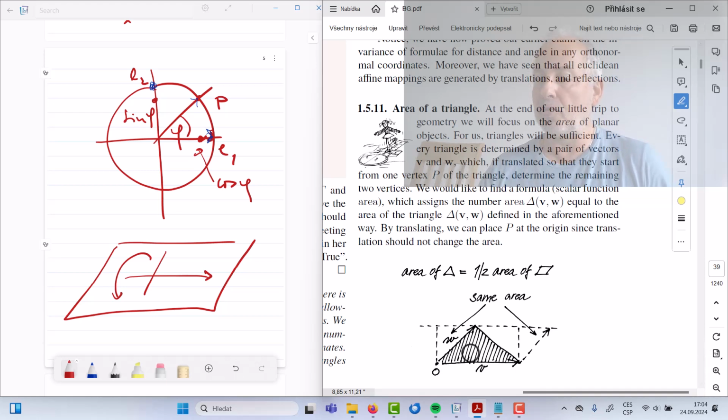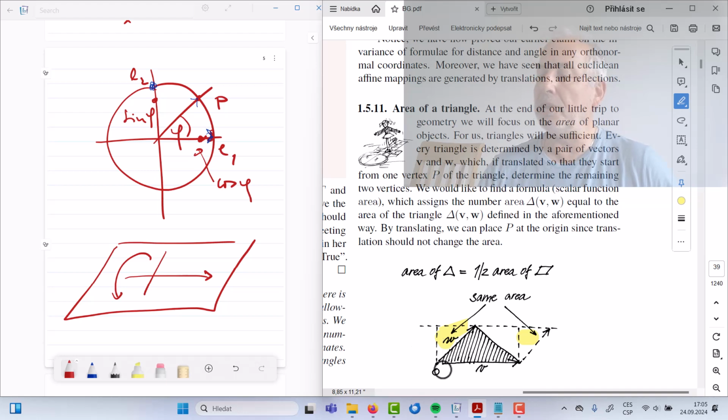But the areas of triangles are pretty easy to guess, because you see on the picture that you can make twice the triangle, so this parallelogram, into a, well, not square but rectangle of the same area, right? So simply this part is the same as this part, so it works.